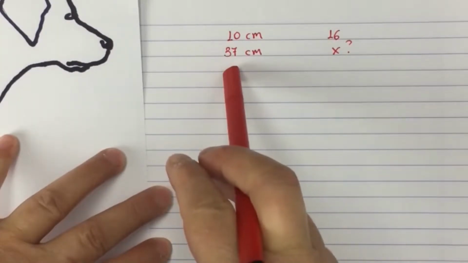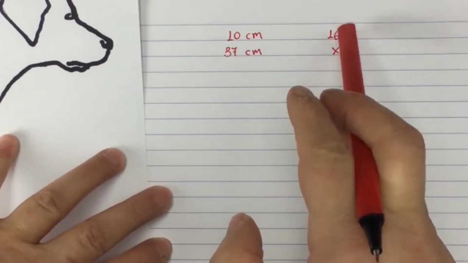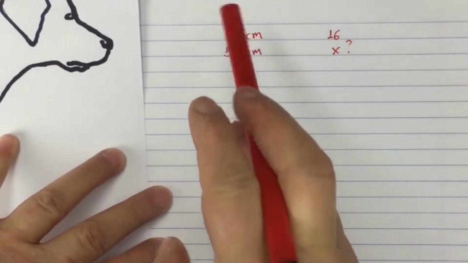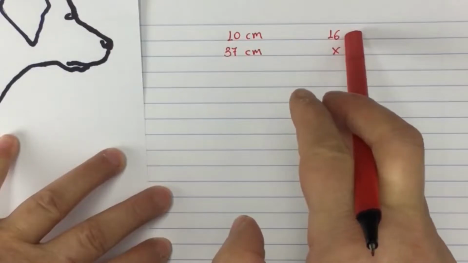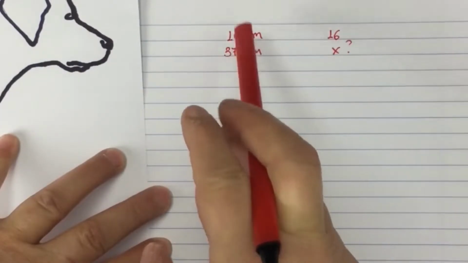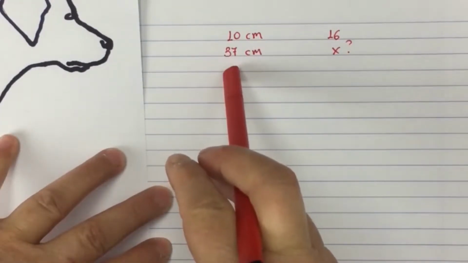In order to calculate this, what you need to do is to multiply the centimeters I need with the stitches and then divide by 10.